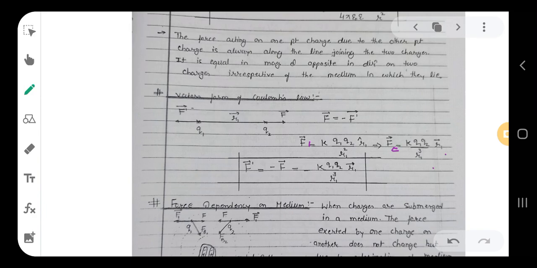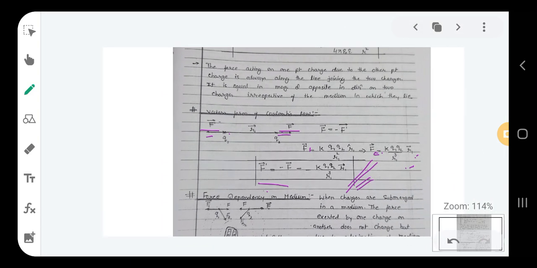F1 equals k q1 q2 by r square, and F2 equals k q1 q2 by r square. Now these forces are equal and opposite. This is the force on charge q2 due to q1, and this is the force on charge q1 due to q2. Hence we can write F dash equal to minus F. They are equal and opposite.